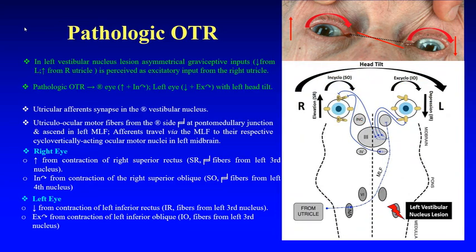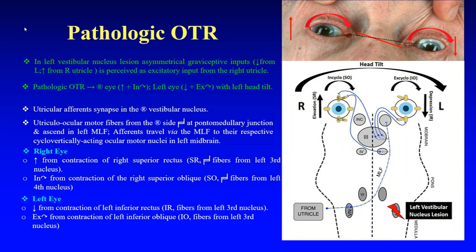In the pathological ocular tilt reaction, here there is a lesion of the left vestibular nucleus, and therefore there are asymmetrical graviceptive inputs. They are decreased from the left and increased from the right. The right increase is because of vestibular tone asymmetry. It is perceived as excitatory input from the right utricle.